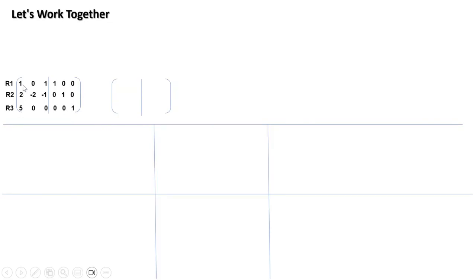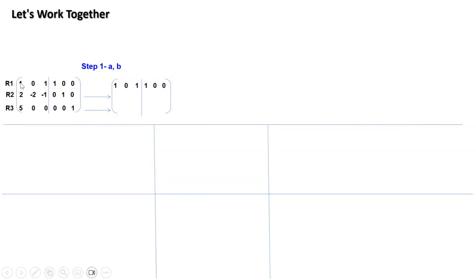So here, guys, it's going to be like 3 steps. Step 1, I'm going to keep row 1, and where the 2 is, the second row, first column, and the third row, first column, these 2 must be zeros. So I have to use row 1 to change row 2 and to change row 3.